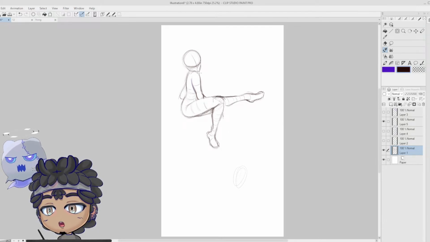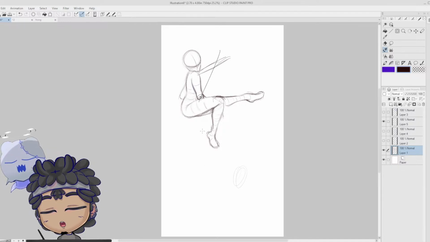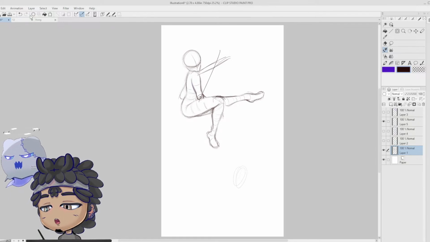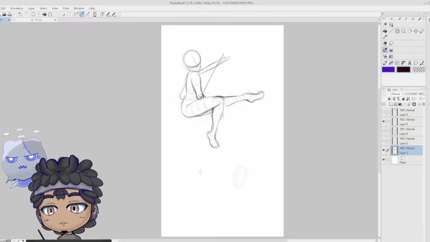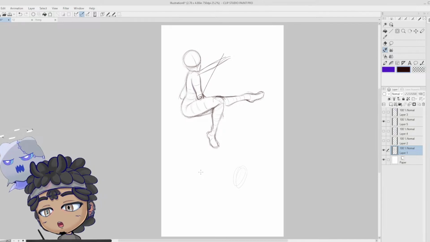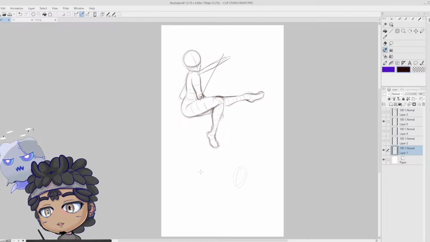If the character's hand was here, let's just say we drew her hand here, the elbow here is adjacent from the other elbow. So I know where the other elbow always is no matter what. If I were to go straight down like this, her elbow's here.